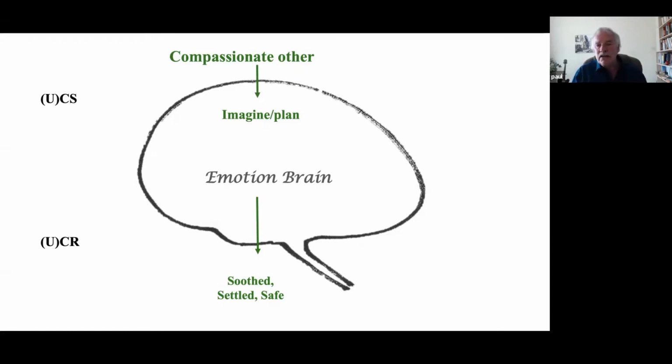Now, of course, there are many other aspects to imagining a compassionate other and practicing imagining a compassionate other. So, for example, if you're angry, then your compassionate other may be understanding your anger. Yeah, I understand how you're angry. But they'll always try to also help you to behave helpfully, not harmfully. Because sometimes if we're very angry, the last thing we want is somebody to try and calm us down.